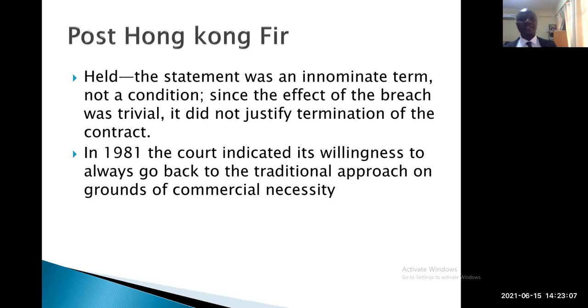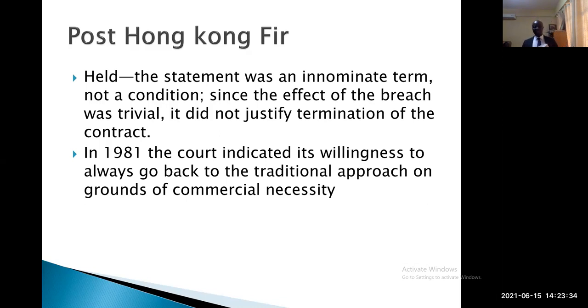So here, you see that the court is still using the breach-based principle, or the wait-and-see approach. Wait and see: after a breach, you weigh the effect of the breach on the contract, before you decide whether the innocent party should be given remedies for breach of a condition or remedies for breach of a warranty. Yeah.